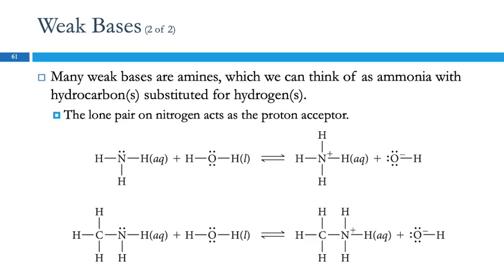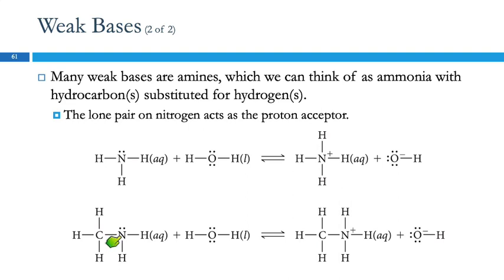So here's ammonia, right? And ammonia has a nitrogen with a lone pair of electrons. And so it can take the hydrogen ion and form the ammonium ion, leaving the hydroxide ion. Other weak bases are amines, which are basically substituted ammonia.